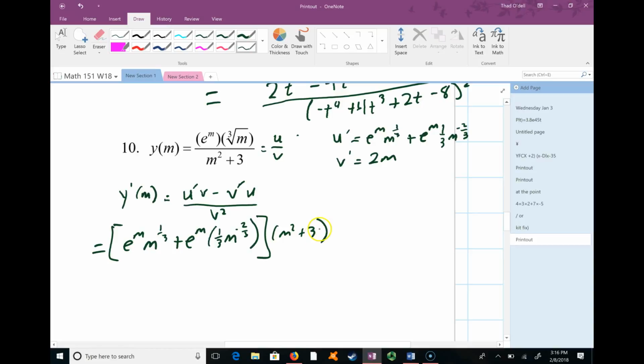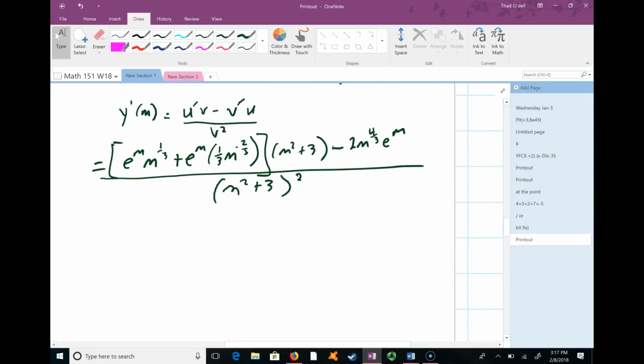So this is the v. Now I'm going to subtract, and I'm going to bring it on to the v prime, which is just 2m. And then I need a u, which is e to the m times m to the 1/3. So actually I could combine those, couldn't I? M to the 1/3 times m would be m to the 4/3. So we'll just do that. M to the 4/3 e to the m. And all that is over m squared plus 3 squared.